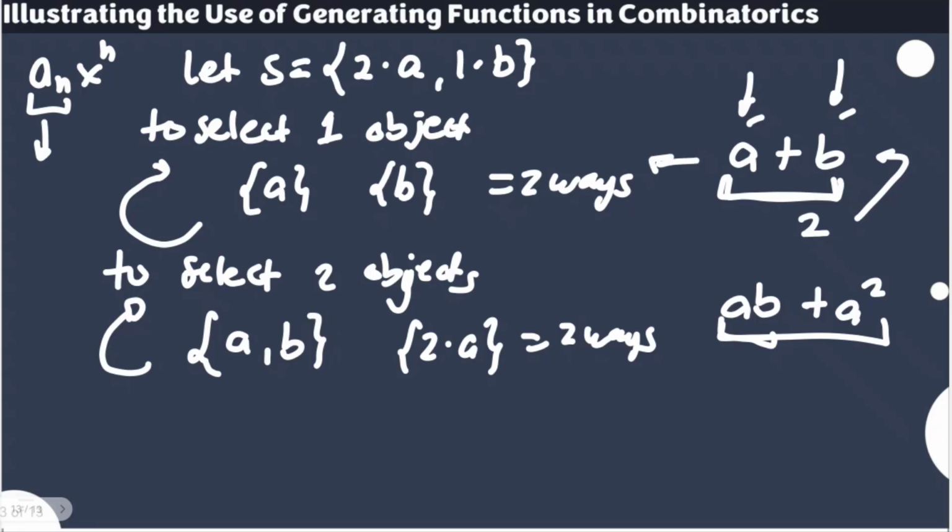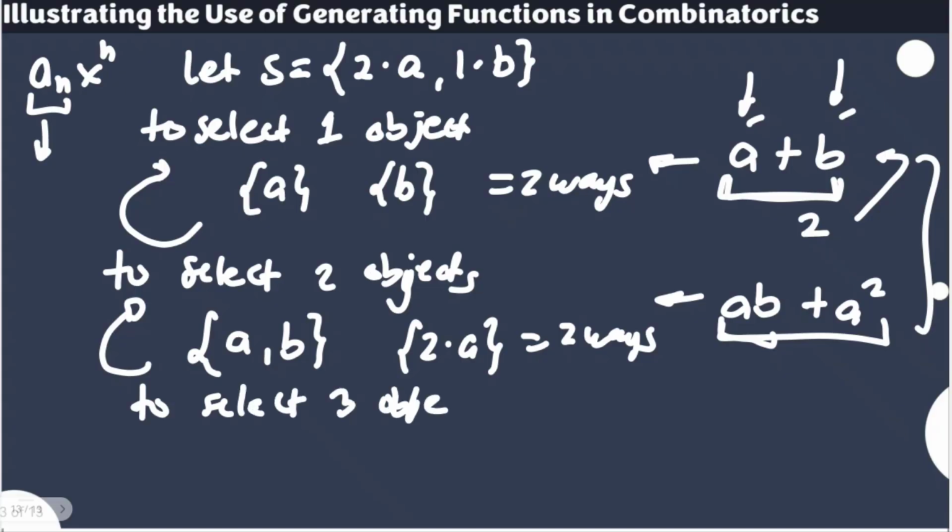Hopefully it's clear that these are connected, and this is how we illustrate it, because later on when we talk about functions, our terms are separated by addition or even subtraction. Now finally, to select 3 objects from this multi-set, there's only one way for me to select that: selecting those 2 A's and then B, because the multi-set contains only 3 elements.